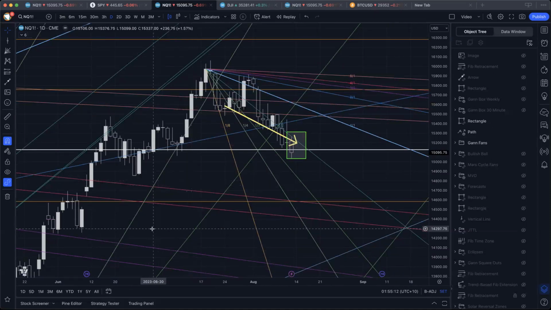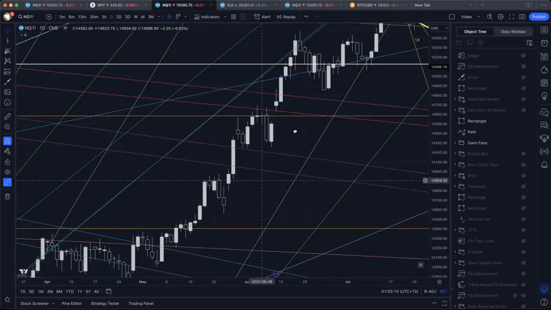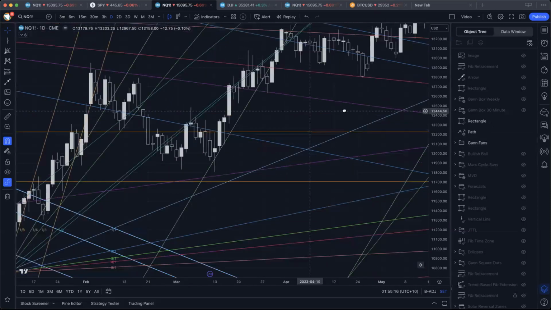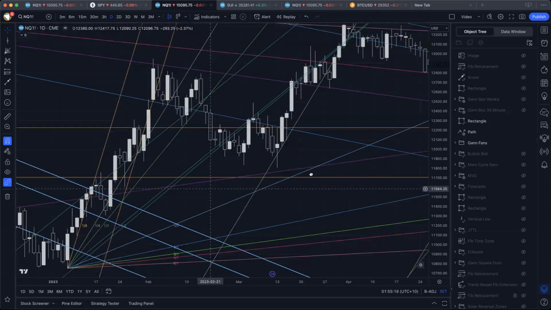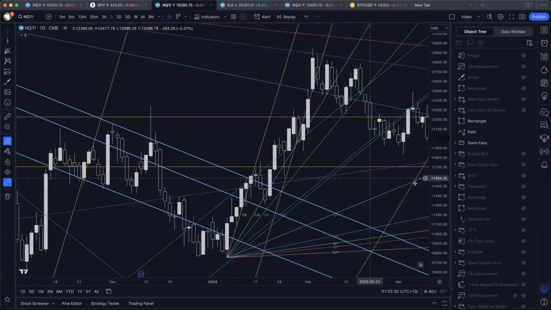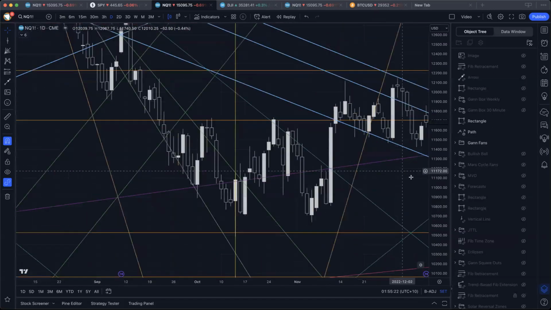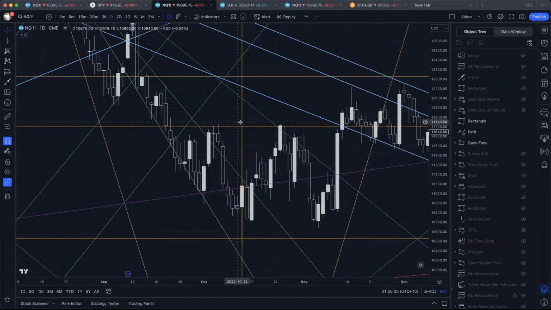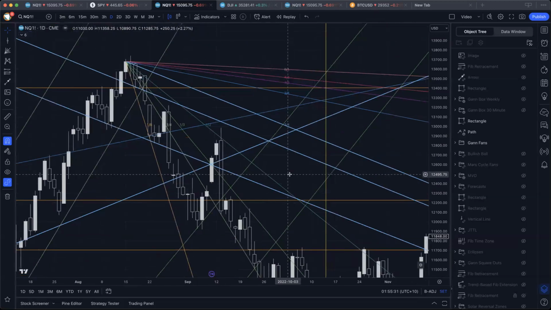Okay, so I want to show you something interesting that I noticed about the October low over here. If we go over here to the October low, you can see there's a yellow line here. What is this yellow line? All right, so this yellow line is derived from the Gann fan coming down from the October 2022 high.